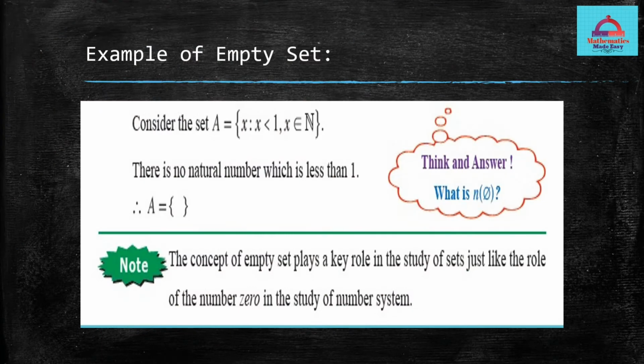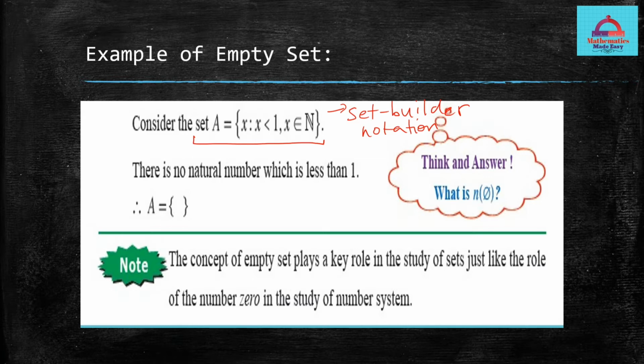For example, you get a question about this set A which is given here, and as you can identify, this is given to you in set builder notation. I will read out the set for you. Set A is defined as the set of all x such that x is less than 1 and x belongs to the set of natural numbers.